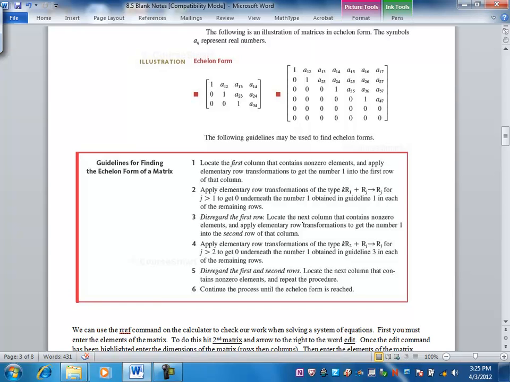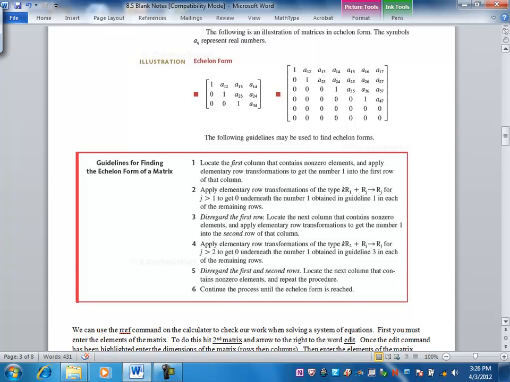And then we're going to locate the next column that contains non-zero elements and apply row transformations to get the number 1 in the second row of that column. Notice how we got a 1 here, and that's the first thing that we've got. And we know we're going to be in row echelon form when we get 1s down as far as we can get them.